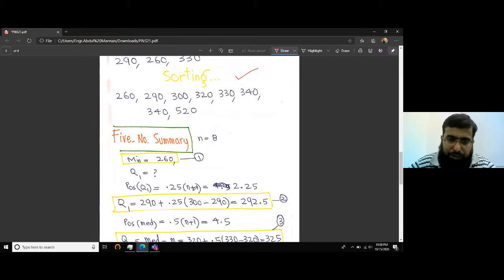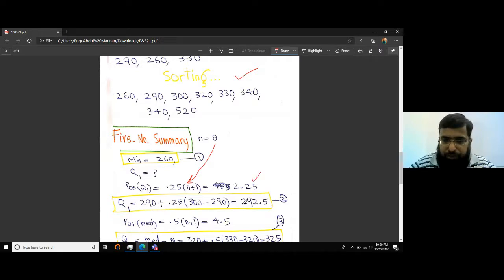We know that Q1, in our last lecture we studied the first quartile, is computed by first computing its position. Position is 0.25 times n plus 1, n is 8. Putting n here, 8. 9 times 0.25 gives us 2.25.